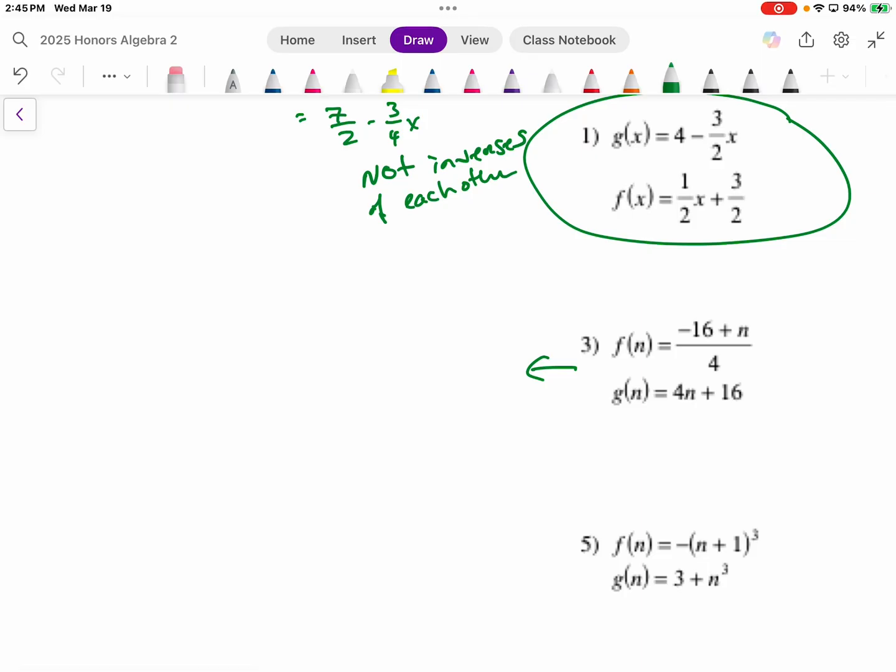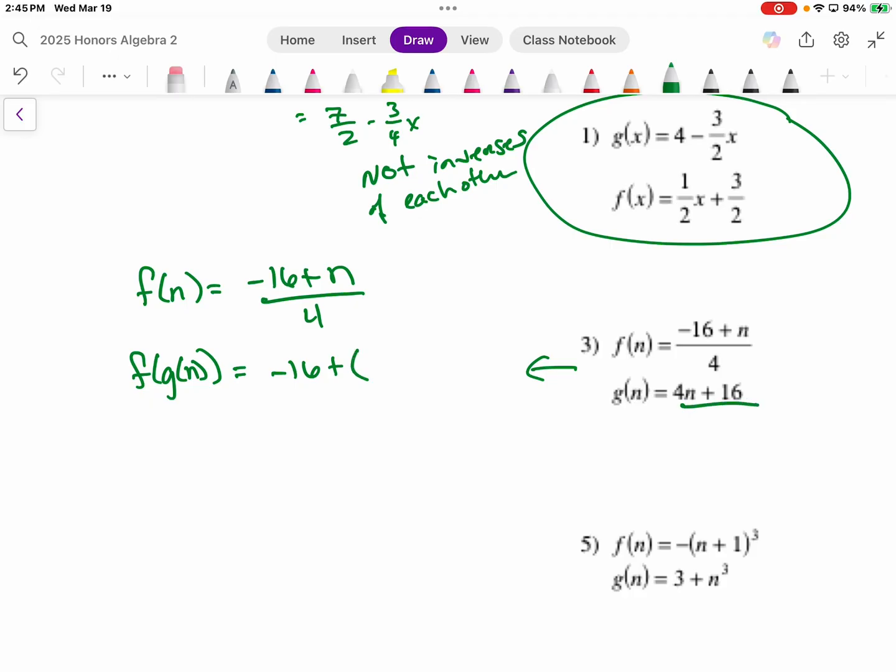So I'm going to start with the f of n. My f of n is negative 16 plus n over 4. So now f of g of n, again, my ultimate goal, does this work out to be the letter n, is negative 16 plus 4n plus 16 over 4.